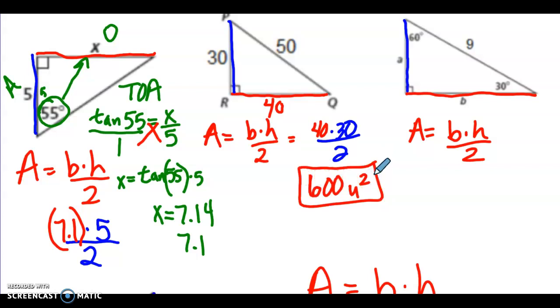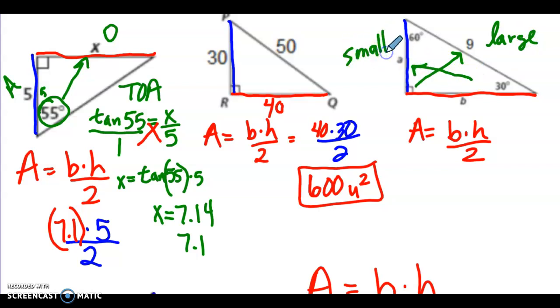All right, so the next example, the base, I don't know it, and the height, I don't know it. So I need to find both of them. I do know that this is a 30, 60, 90. I know the side across from the 90 is the hypotenuse, and that is the longest one. So large. The one across from the 30 is the small one.